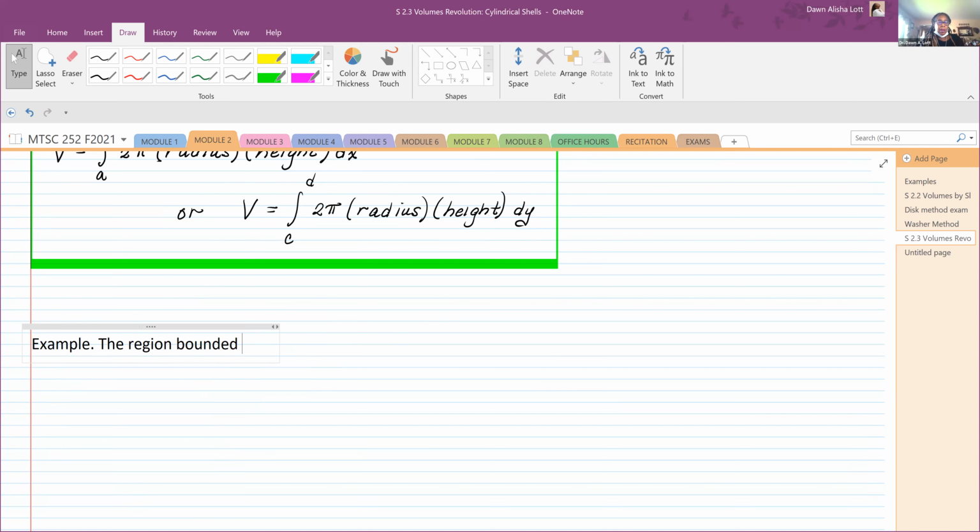Okay. The region bounded by the curve y is equal to the square root of x, the x-axis, and the line x equals 4 is revolved about the y-axis to generate a solid.